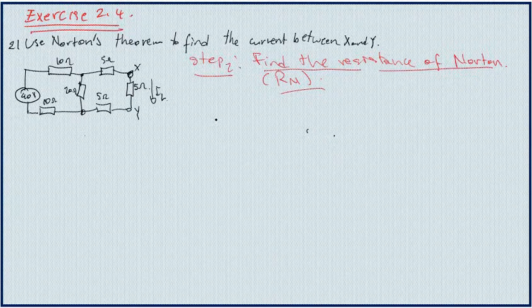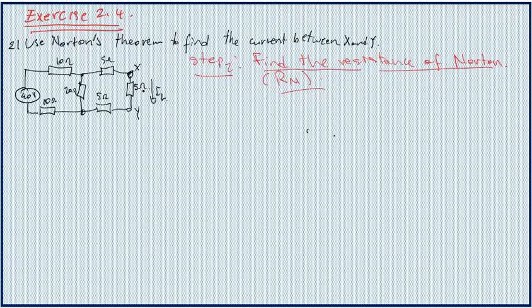So to determine Rn, we need to do the following. We first need to remove the load's resistance. So if we remove it, we are going to have X and Y there, so there is nothing here. And then we need to close the voltage source.